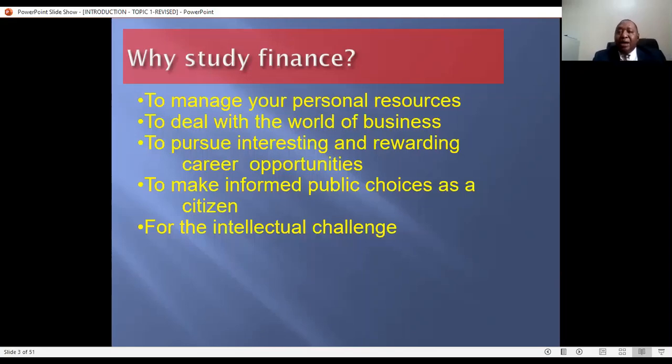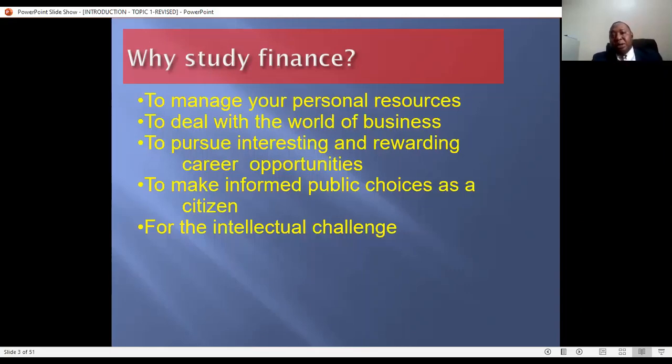Some people are here to pursue an interesting career. You just want to do finance as a career so that you can become a finance manager, a financial analyst, etc. As we go on, we look at the careers available in this area.